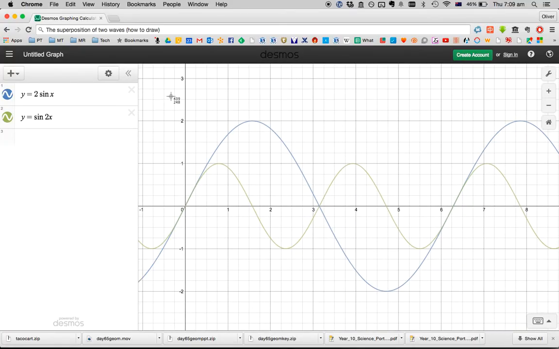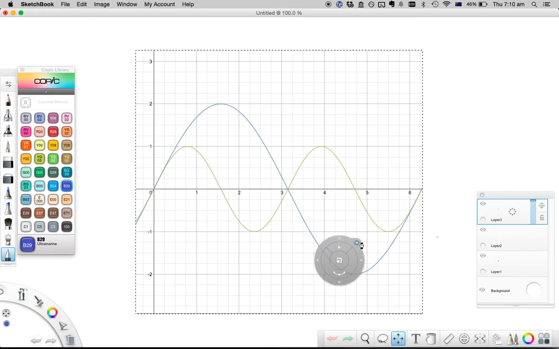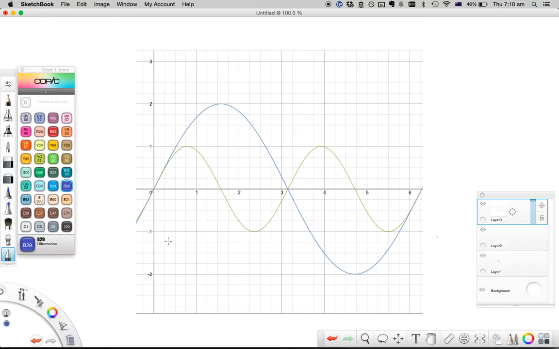One full period. Okay, so we're summing these two graphs. So what do we actually do?